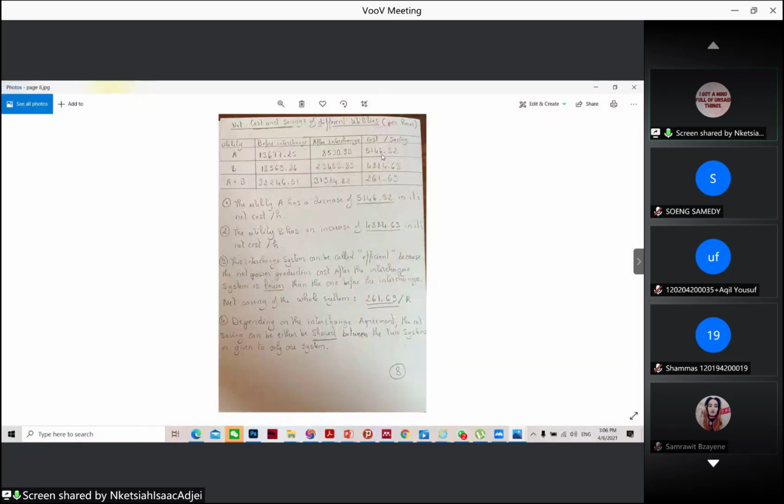We want to look at their cost savings. Both had their own savings. Savings for A was 5,146.32, and that for B was 4,884.63. Finding their difference gives us a total of 261.69.